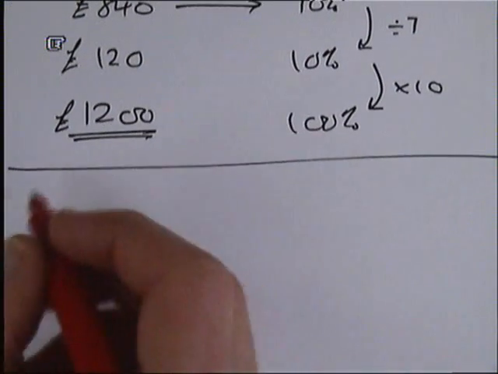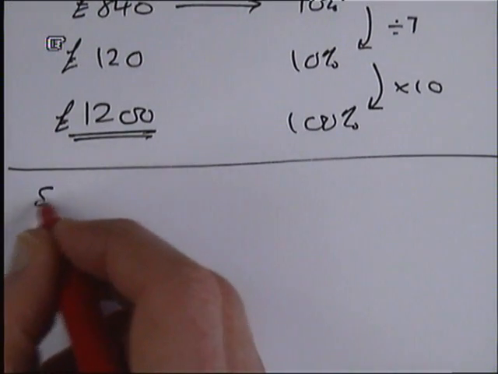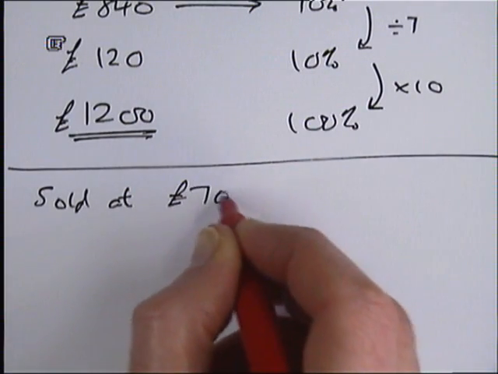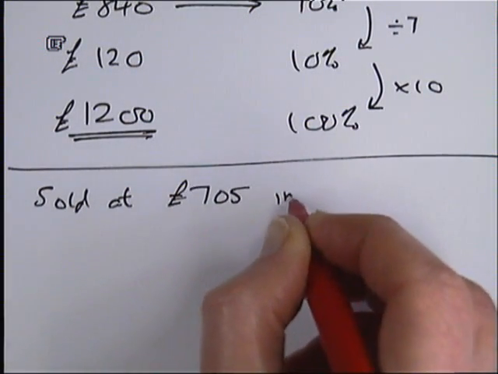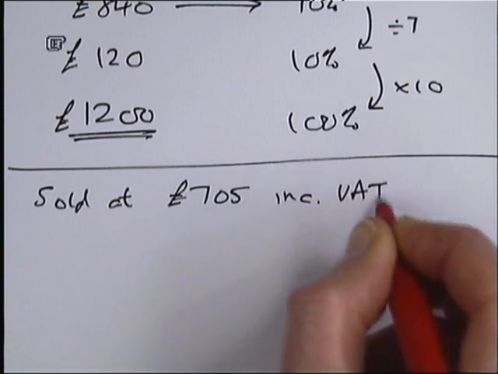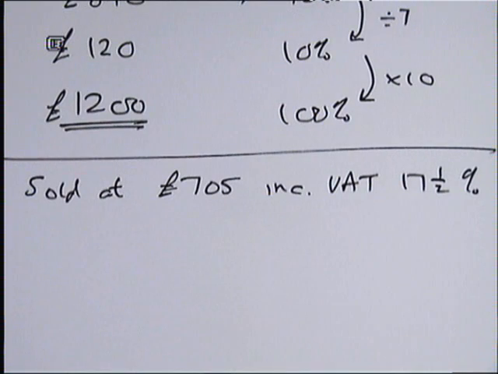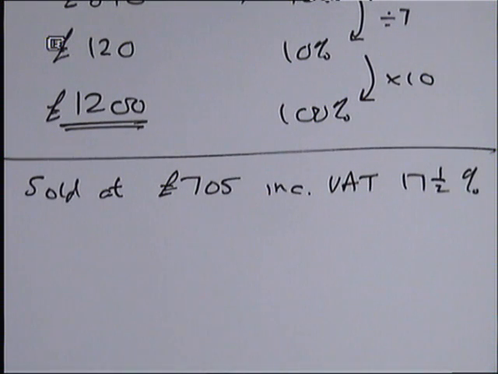One final question. If something is being sold at £705, and that's including VAT at 17.5%, somebody might want to know what the price was before any VAT was included in the price.